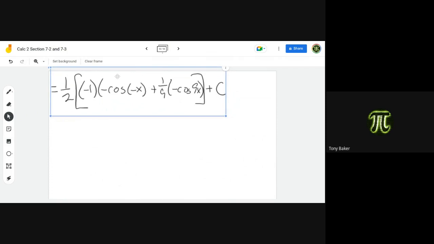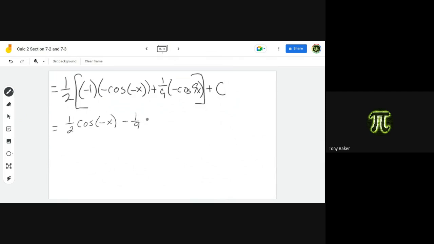All right. Now we're just going to clean it up. So the negatives cancel each other out. So I have 1/2 cosine of negative x minus 1/9 cosine of 9x. You're right, it would be 1/18. Two negatives make a positive.